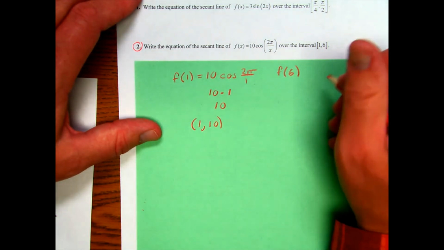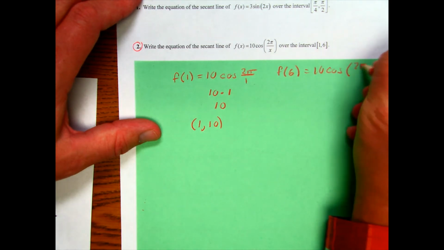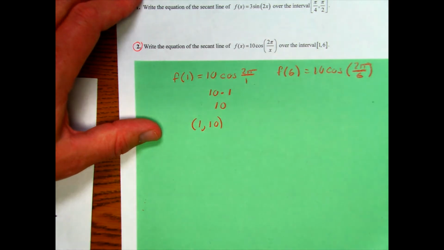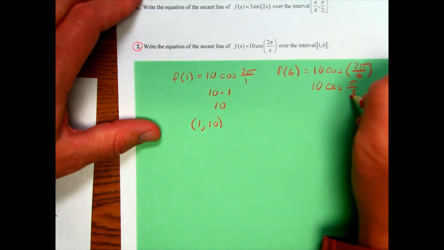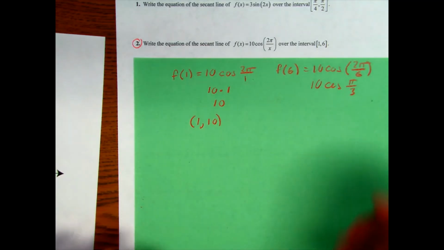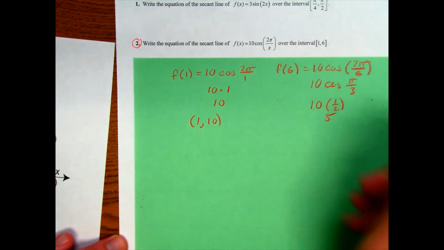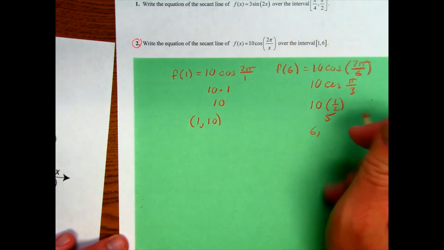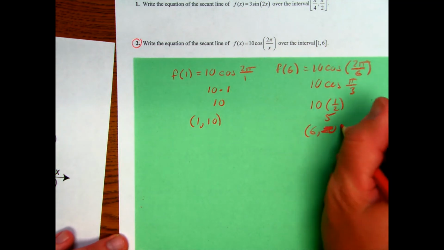So that's going to be 10 times the cosine of 2 pi over 6, which is 10 times the cosine of pi over 3. Go to your inner circle, pi over 3, cosine is a half. So the coordinates of our right endpoint, 6, 5.